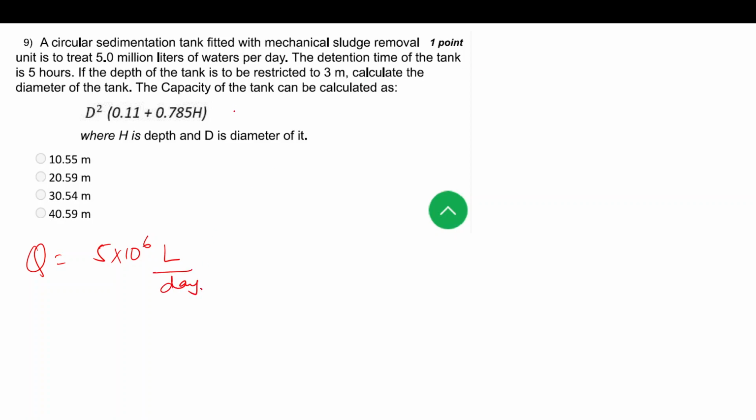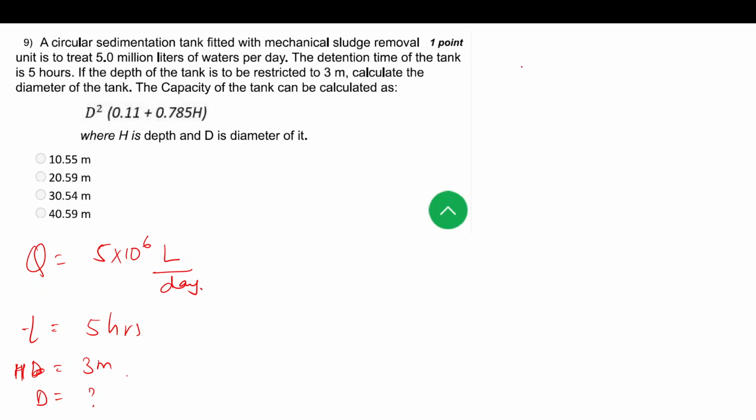The detention time of the tank, T, is 5 hours. The depth of the tank is restricted to 3 meters, represented by h. Calculate the diameter d of the tank.